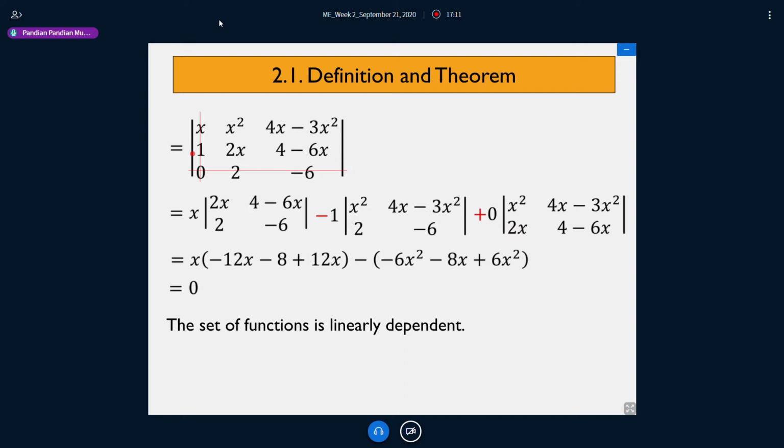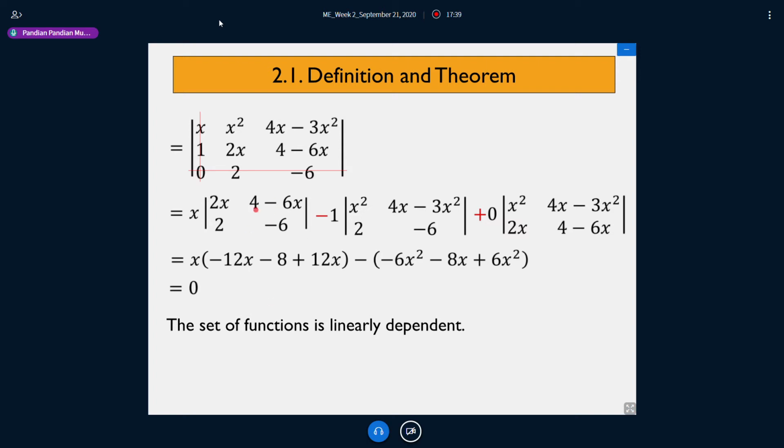Cancel first column, second row, the remaining elements are x squared, 4x minus 3x squared, 2 and minus 6. This matrix. And then the last one, plus 0, because this is plus minus plus. You must know this sign, plus 0 here. So cancel first column, last row: x squared, 4x minus 3x squared, 2x, minus 4x.